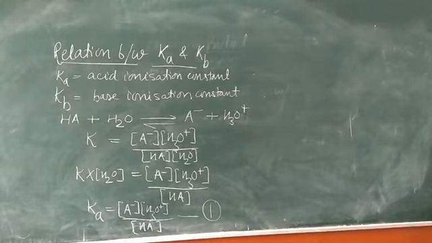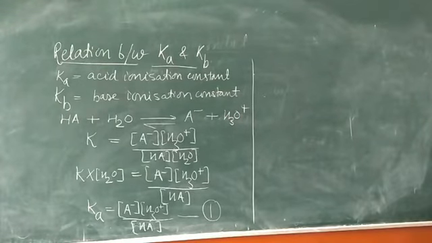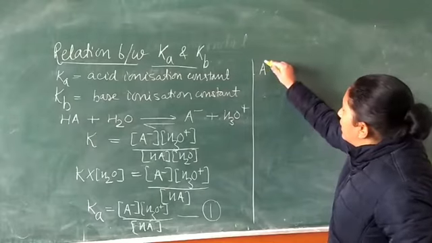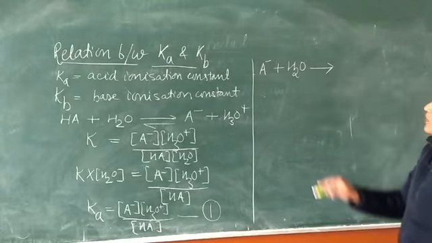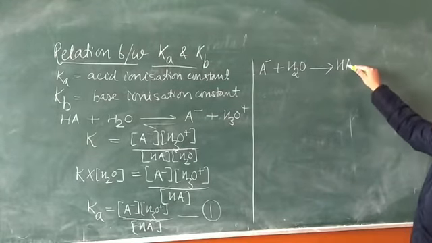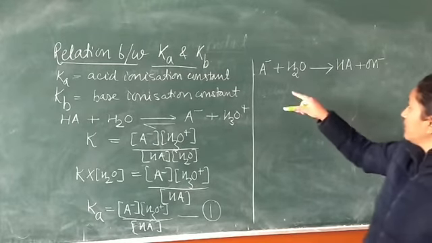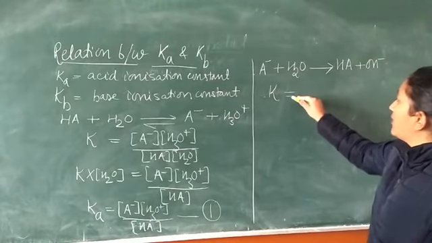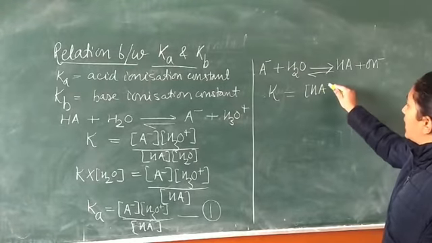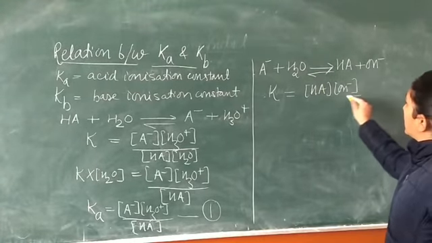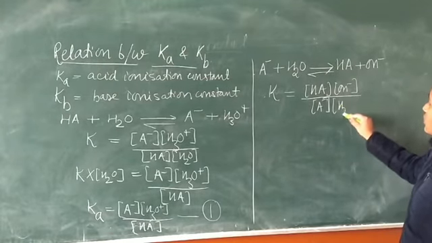Right? Now, next we are going to write the expression for the conjugate base, that is A negative here, right? With respect to water, here it is acting as a proton acceptor, so it is forming HA plus giving OH negative ion. So here we will write down from the law of chemical equilibrium the equilibrium constant, which will be HA OH negative upon A negative, and this is water.